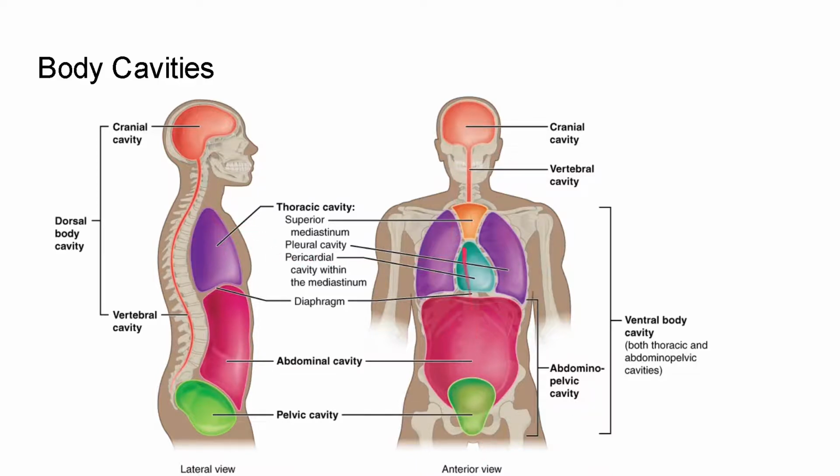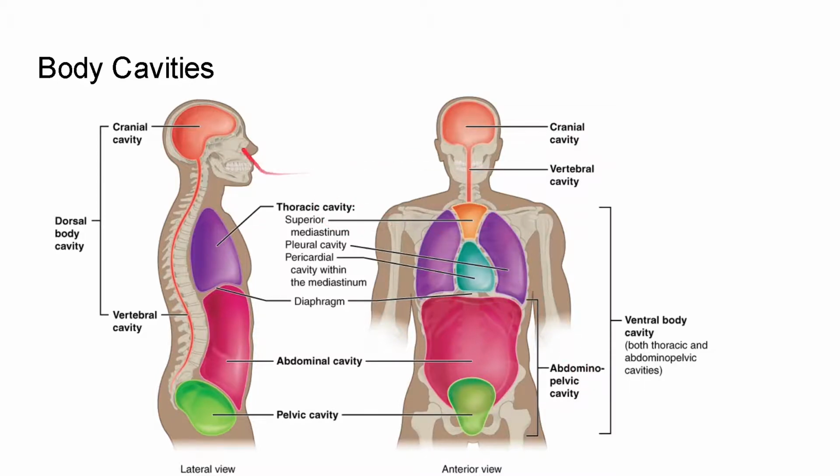You can get an anterior view here. You have your pleural cavities, which hold your lungs, your pericardial cavity, which is your heart, and all this plus this could be your ventral body cavity. You have your cranial cavity, your vertebral cavity, abdominal, and your pelvic cavity can be your abdominopelvic cavity.